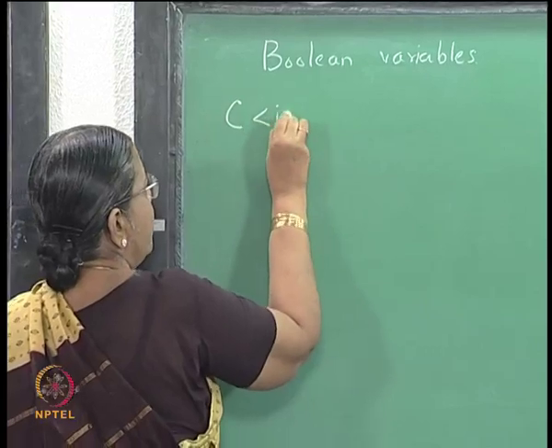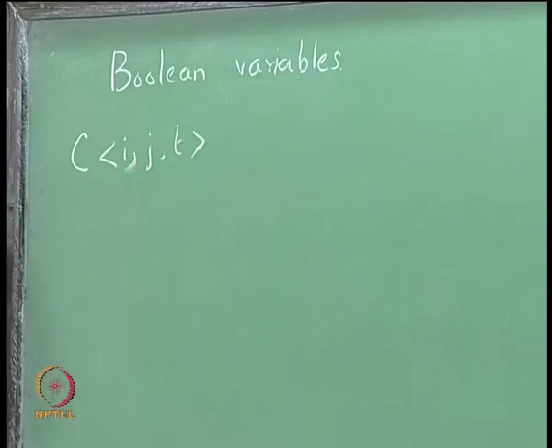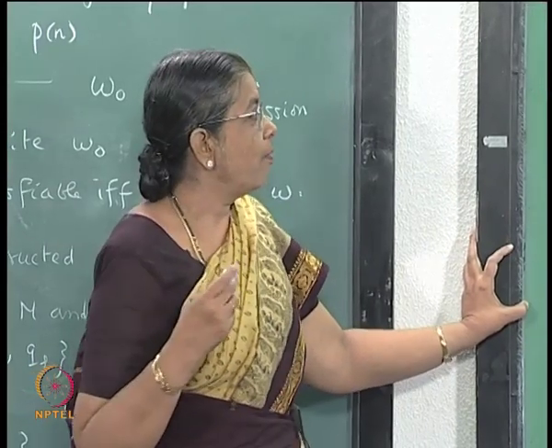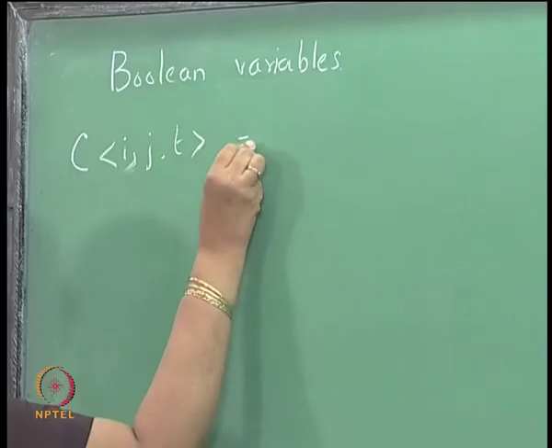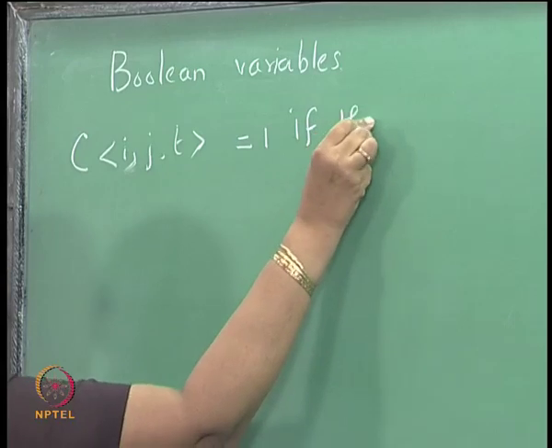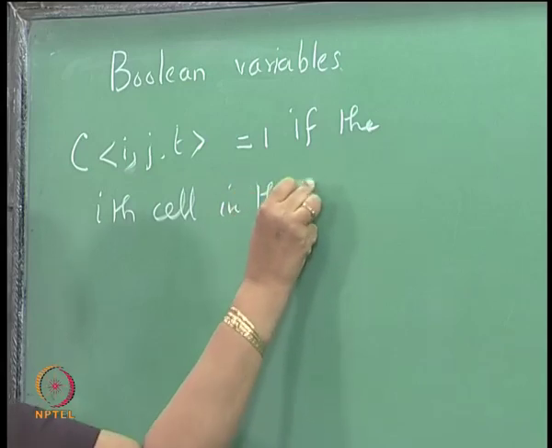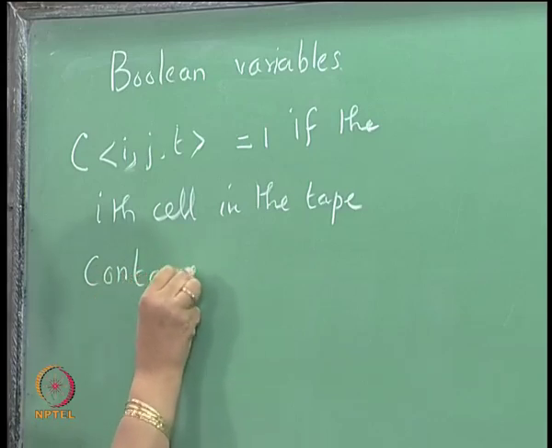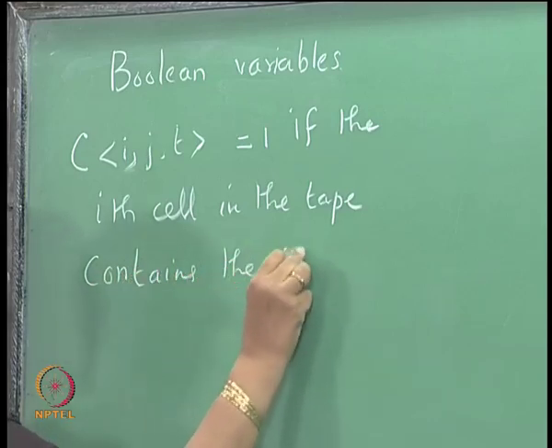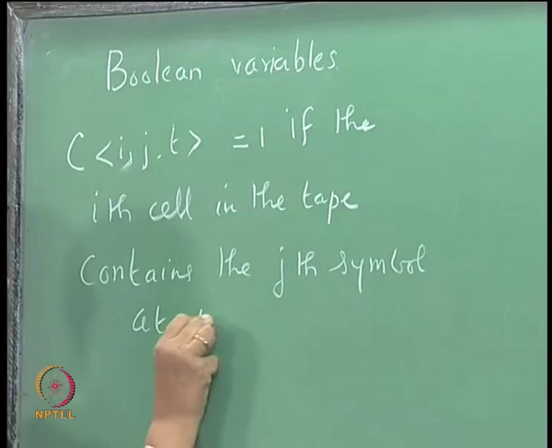You have a collection of variables of the form C_ijt, and the meaning of these variables is C_ijt is equal to 1 if the ith cell in the tape contains the jth symbol at time t.